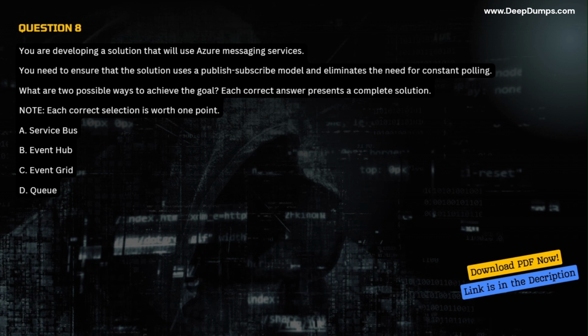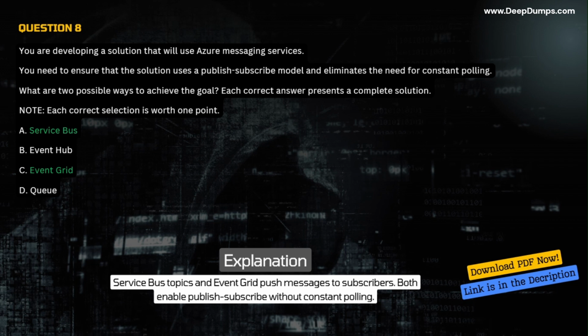A. Service Bus. B. Event Hub. C. Event Grid. D. Queue. Correct answer A and C. Service Bus. Event Grid. Explanation. Service Bus topics and Event Grid push messages to subscribers. Both enable publish-subscribe without constant polling.